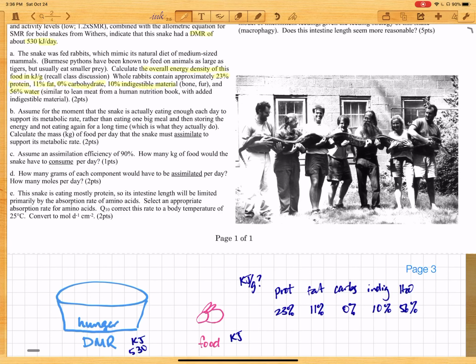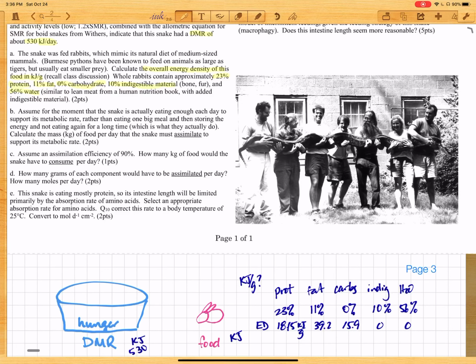Each of these has an energy value or an energy density. And so proteins for a snake is going to be 18.15 kilojoules per gram. Fat, 39.2. Carbs is 15.9. Indigestible, 0. And water is 0.